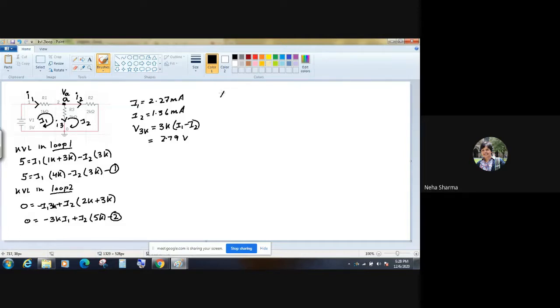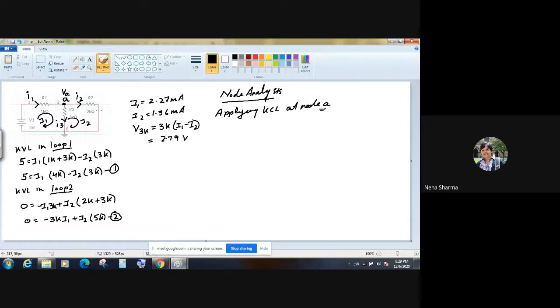Now, using node analysis, we have to use KCL. So I apply KCL at node A, because that's the only node of relevance.